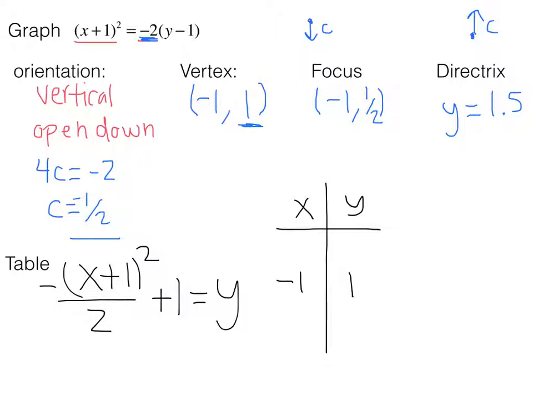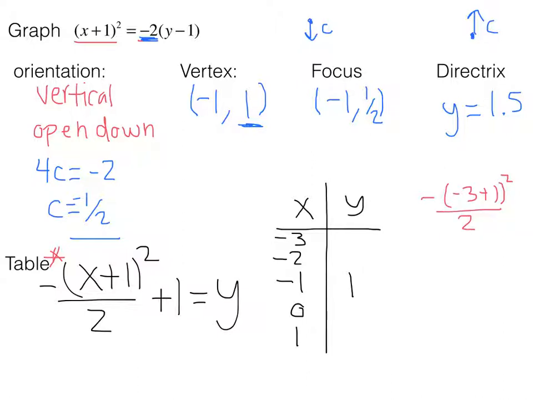And then I'm going to plug in x values that are above and below my vertex. So when I plug in negative 3 into this equation, I'll get negative 3 plus 1 squared over negative 2.